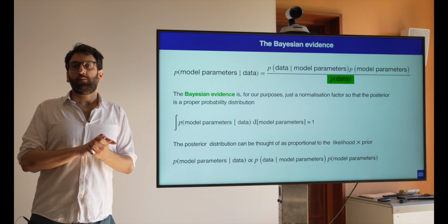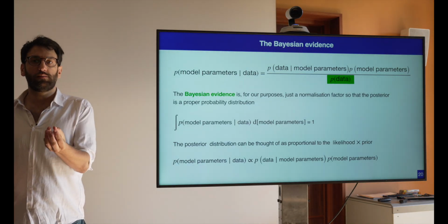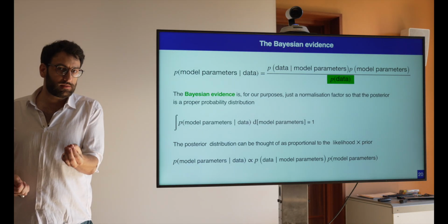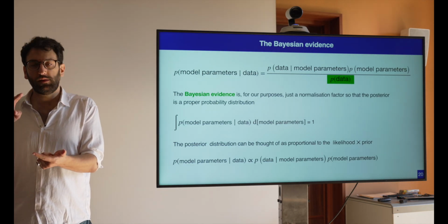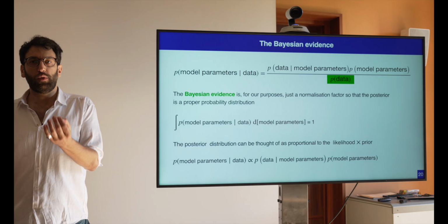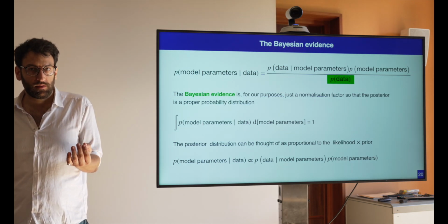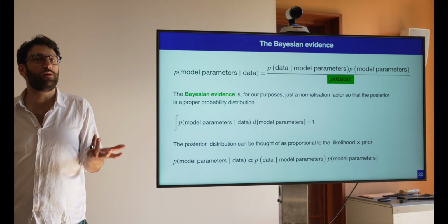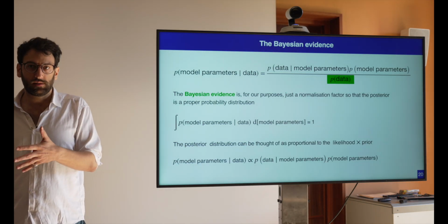For instance, if you talk about the probability distribution of a dice, would it make sense to say that the probability to have 1 plus the probability to have 2 and so on is 0.9? It doesn't make sense, because it's either 1 or 2 or 3 or 4 or 5 or 6.